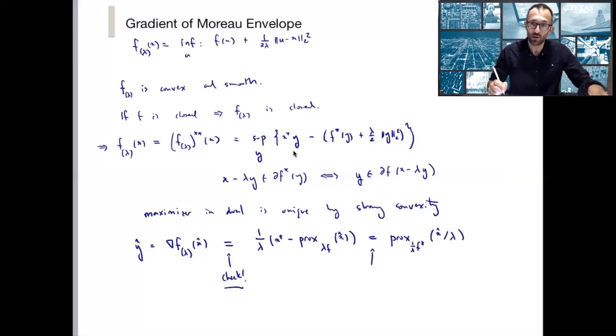So we know this holds by something that we showed that actually has the same name. It's called the Moreau decomposition. Remember, this says that for any point x, x is equal to prox f of x plus prox f star of x. It's a generalization of orthogonal projection. Okay, so this gives us an idea of what the gradient of the Moreau envelope looks like.